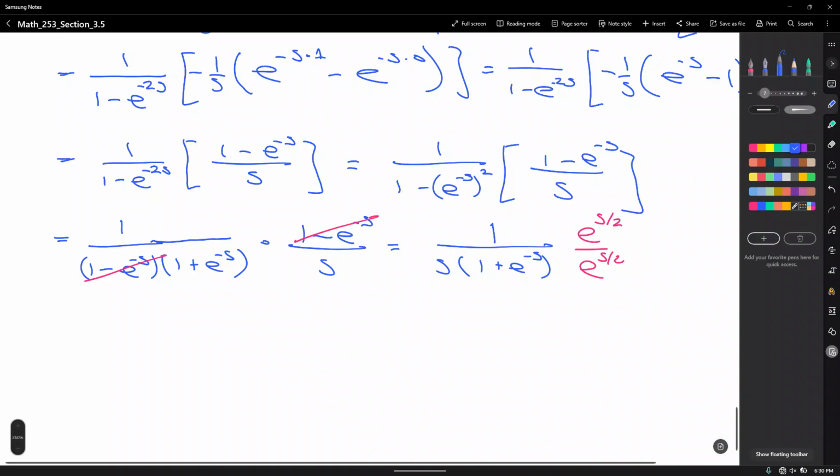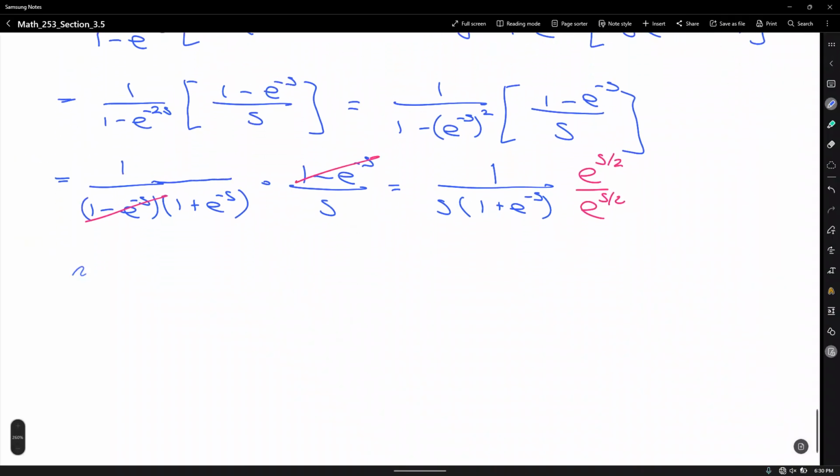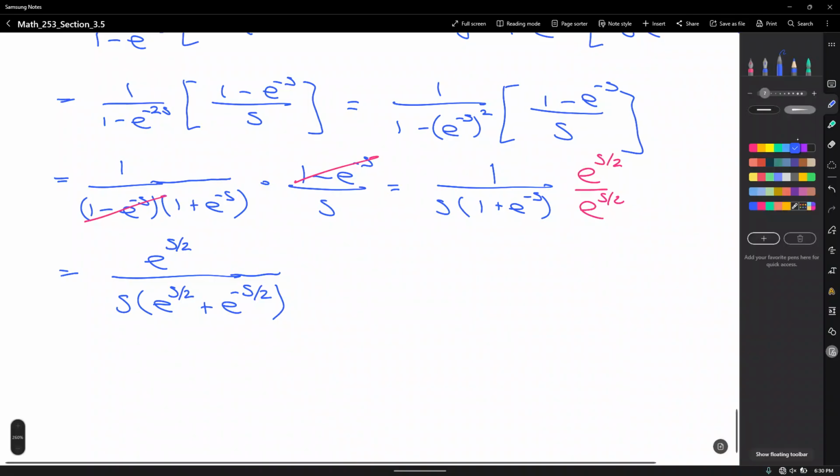How? Check this out. So this is e to the s over 2 divided by s times e to the s over 2. What is negative s plus s over 2? Isn't that plus e to the negative s over 2? Doesn't that kind of look like a hyperbolic function already? But not yet. We wished we had division by 2, right?